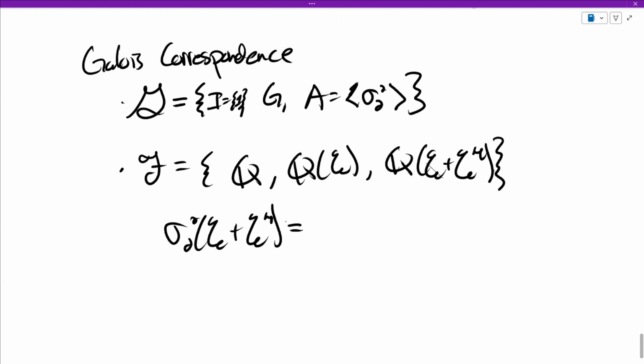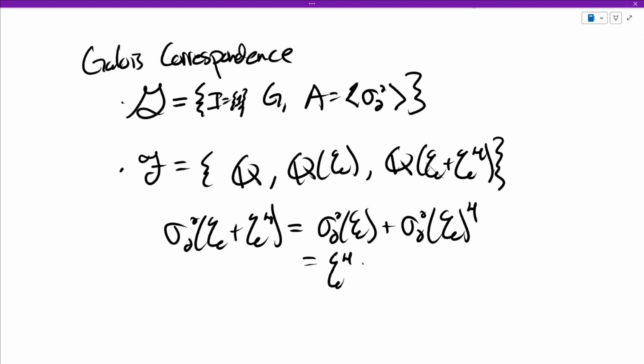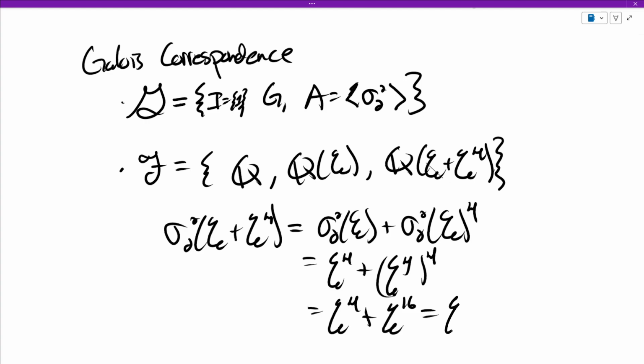It breaks up under addition, and then the fourth power comes out. Zeta is going to go to zeta to the fourth for each of these, and then for the fourth power, this is going to be the 16th. And then 16 mod 5 is 1. Okay. So it fixes that.